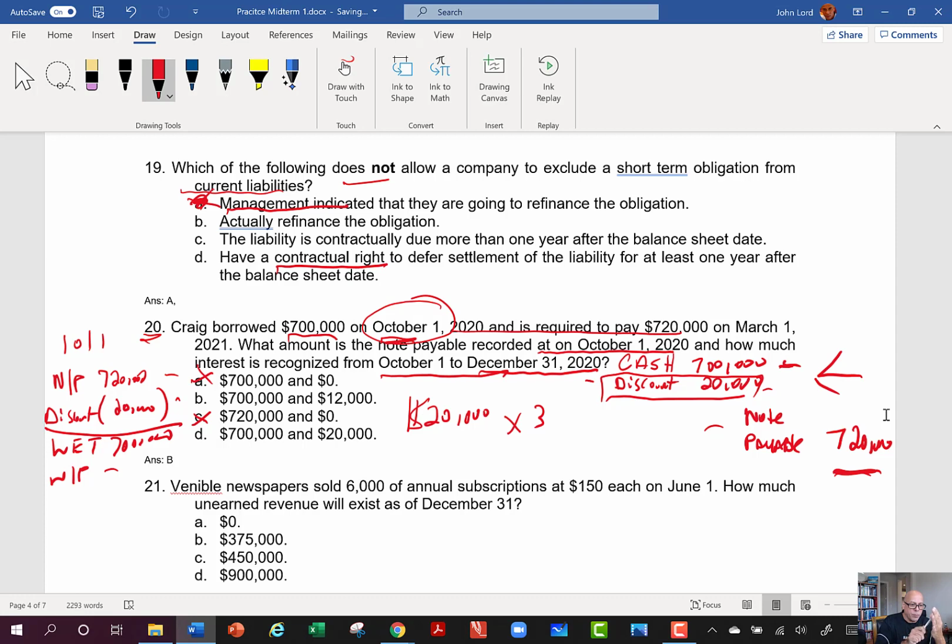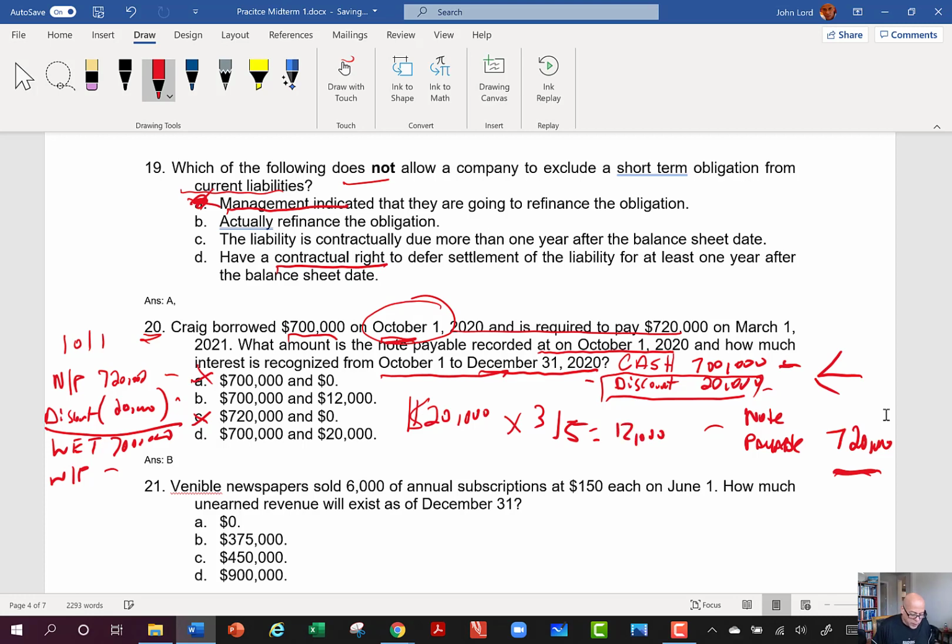October, November, December, January, February, don't count March, because it's March 1st. Very easy to make that mistake. So that note is only a 5-month note. They didn't tell me that, but it's a 5-month note of which 3 months have gone by in 2020, which is when they're asking me for the interest expense. So 20,000 times 3/5 is 12,000.